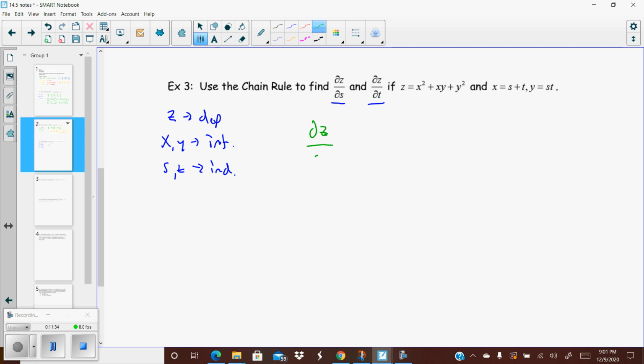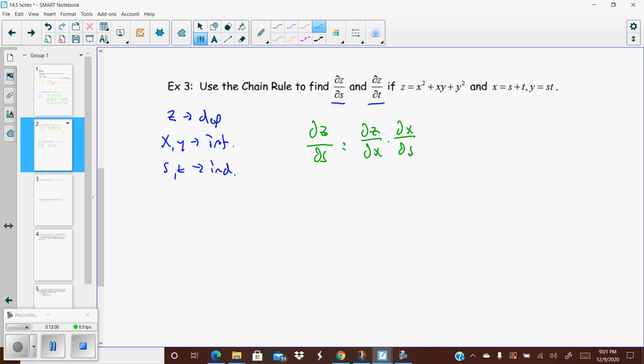So dz over ds, partials. And the only reason for that is because you can only find the partial with respect to s. So it's still going to be the partial of z with respect to x, but then I can only take the partial of x with respect to s.